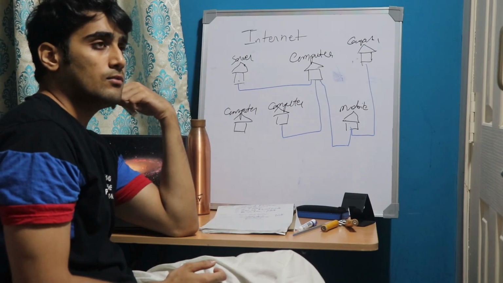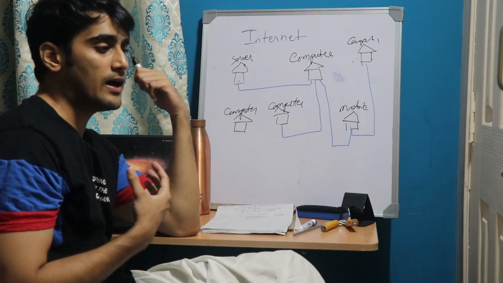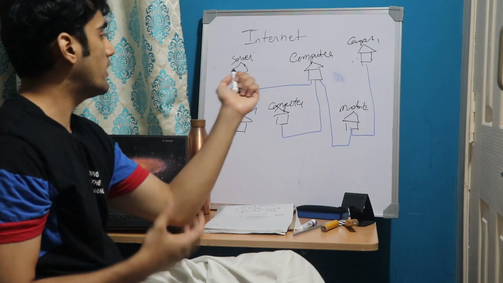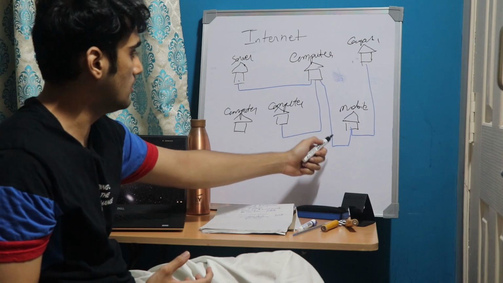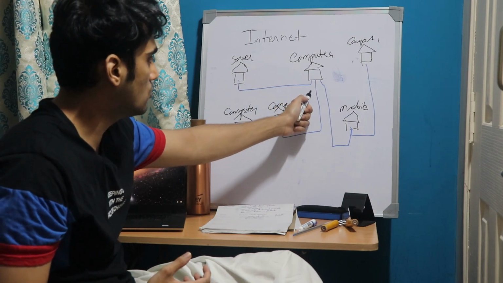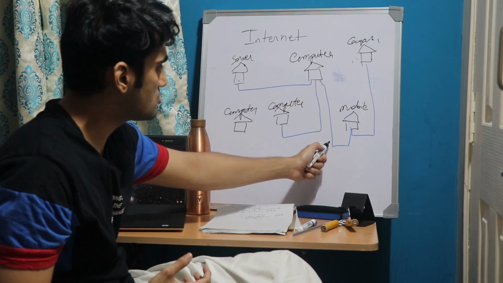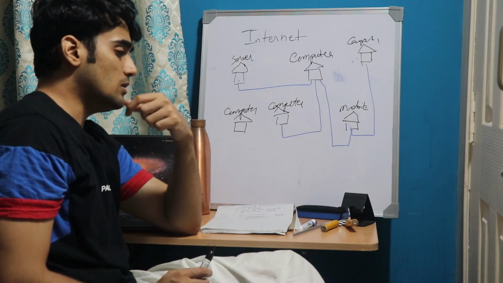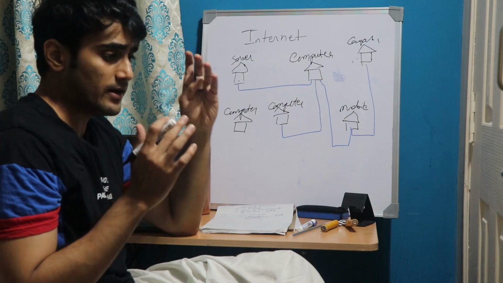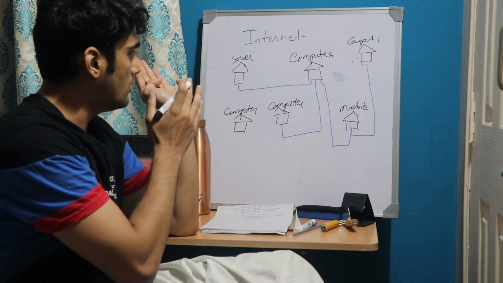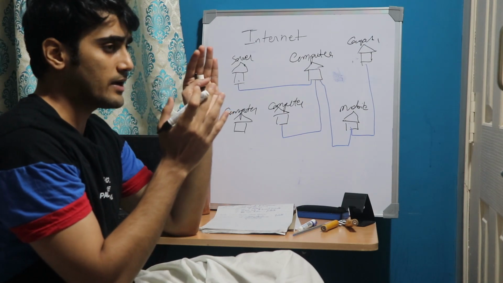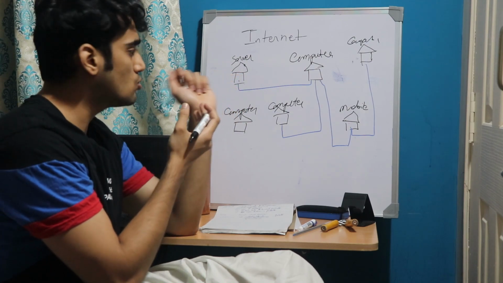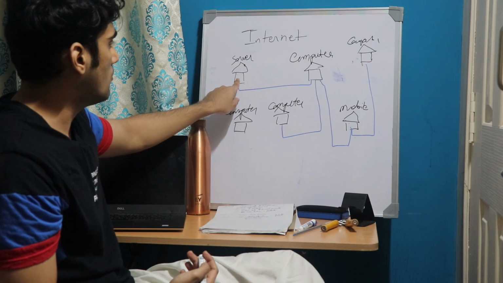But unlike us, it doesn't have an intelligence of its own. We know this is the path to my friend's house, so I know I have to go through this path, then take this route, and then go over here. The thing which goes from one computer to another is called a data packet. Suppose a data packet has to go from here to here.